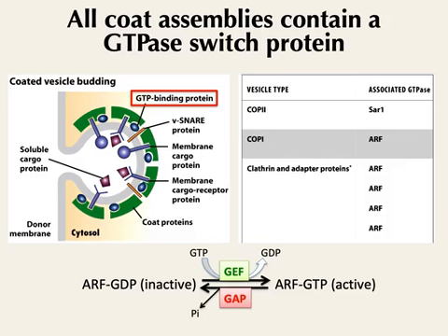And the transition from one state to another is always catalyzed by a GEF, guanine exchange factor, or a GAP, GTPase activating protein. So it activates the GTPase function of this ARF here. And in other words, GAP will be an inhibitor. Okay?